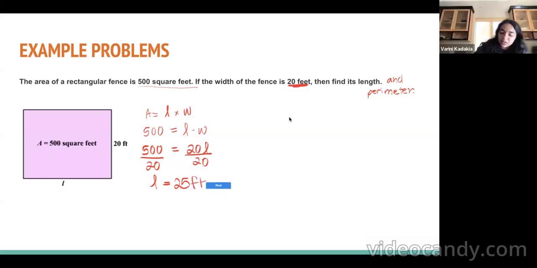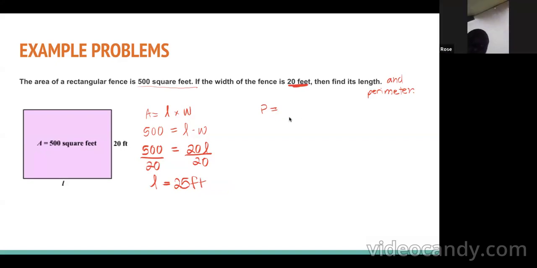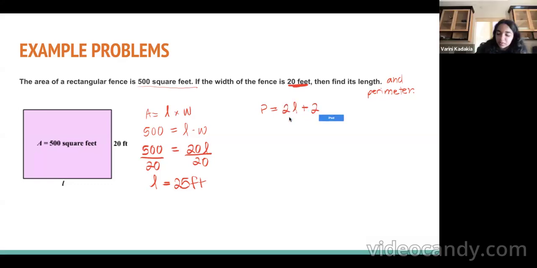Now what's the formula for perimeter? For the rectangle, it's the sum of all sides: length plus width plus length plus width, or 2L plus 2W. You can write it as length plus width, or 2L plus 2W, whatever you feel like.